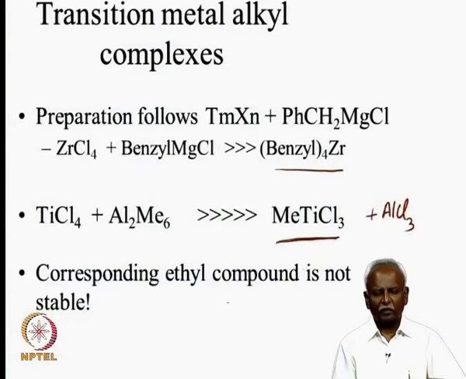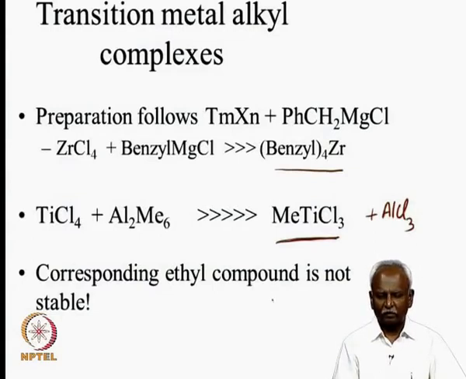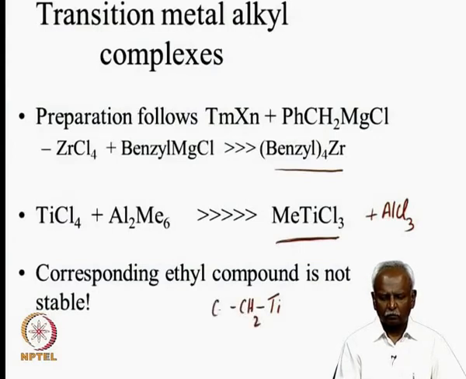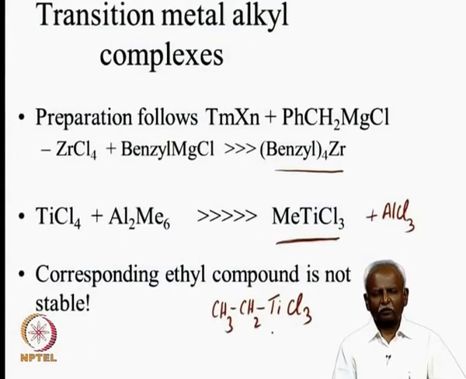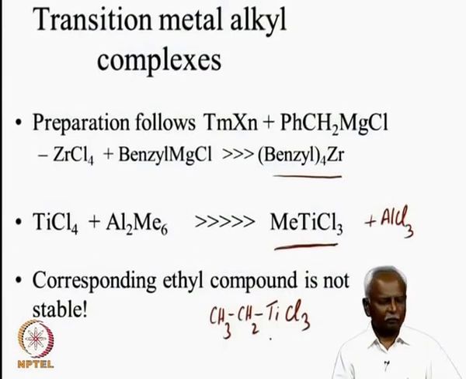The corresponding ethyl compound is not stable at all. So, you cannot make, using the same process, the titanium compound with an ethyl group attached to the titanium. This corresponding compound is not stable at all.